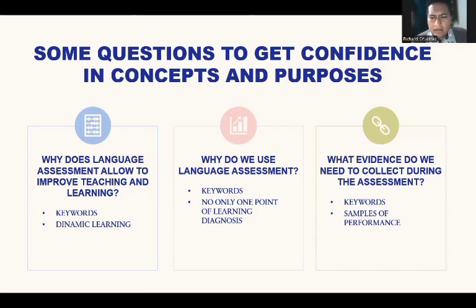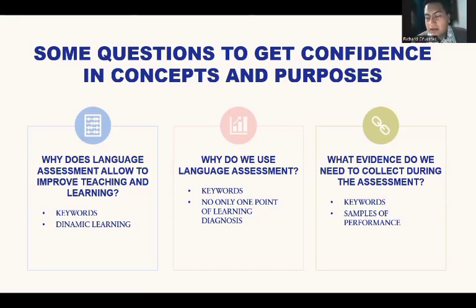Then finally, what evidence do we need to collect during the assessment? My keyword said samples of performance. What I'm expecting of my students, what they have to change.